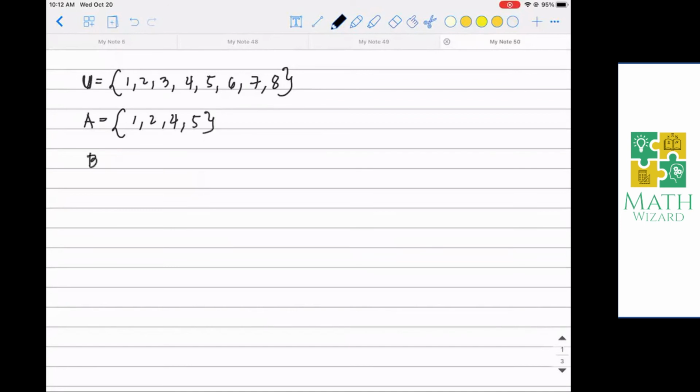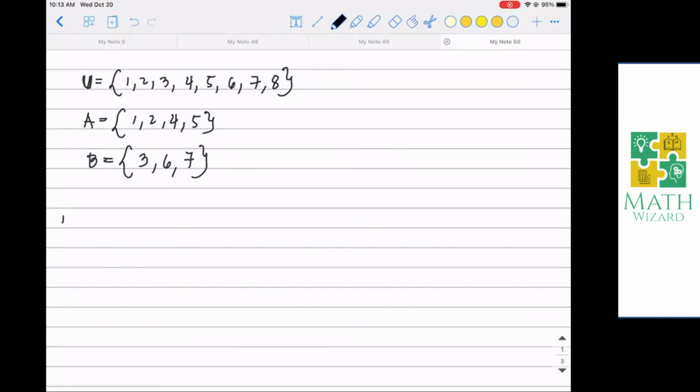For our letter B, we have, let's say, 3, 6, and 7. Yan. So we have the universal set 1, 2, 3, 4, 5, 6, 7, and 8. For letter A, we have 1, 2, 3, and 4. For letter B, we have the elements 3, 6, and 7.